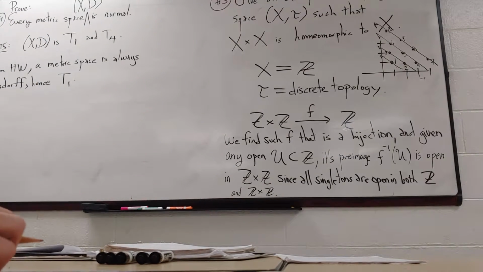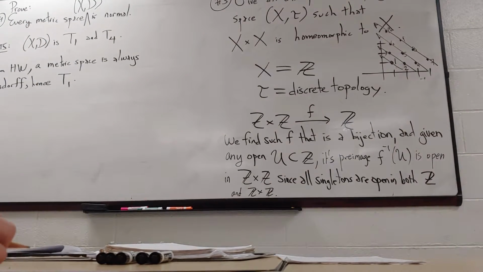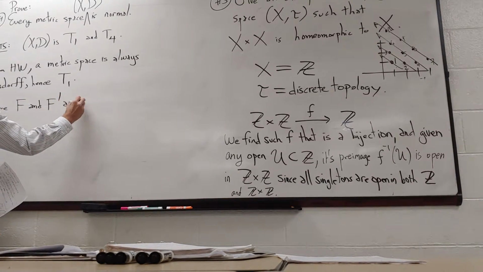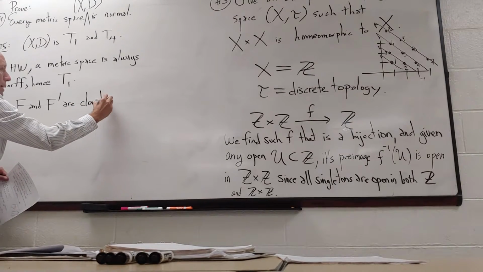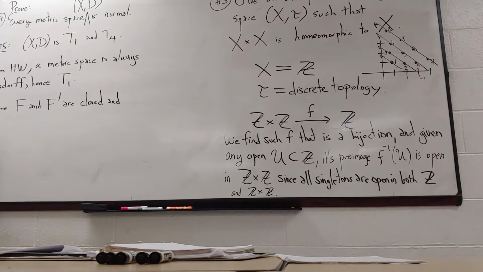Okay, so now I want to show T4. Can you guys remind me what the T4 property is? Disjoint closed sets. Okay, I'm going to call them F and F prime. So assume F and F prime are closed and disjoint.